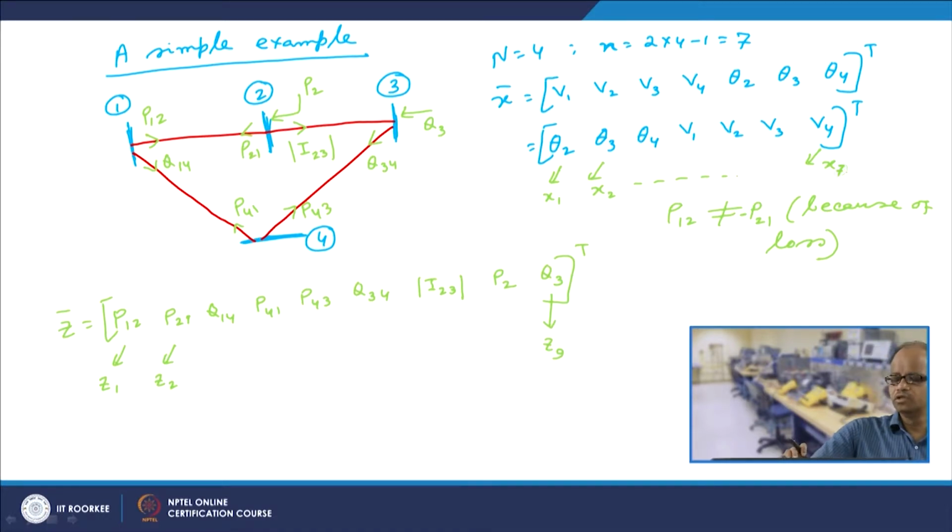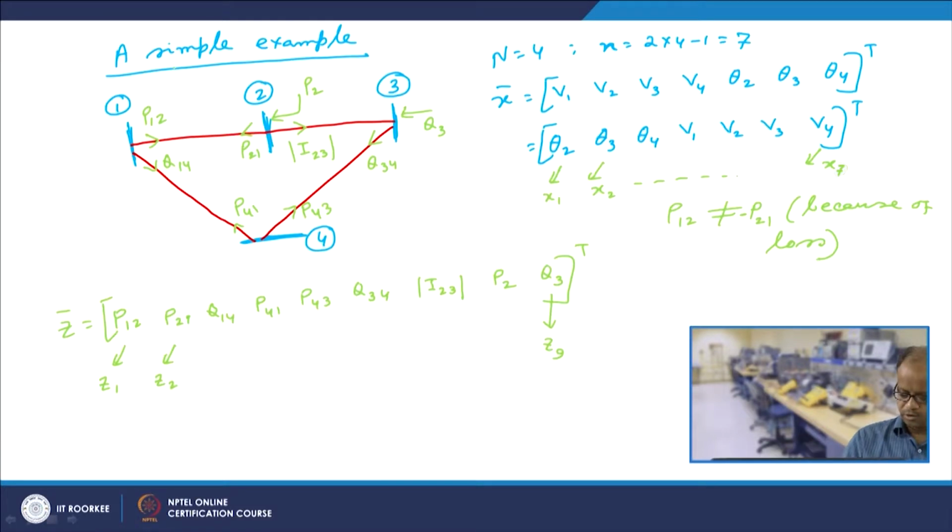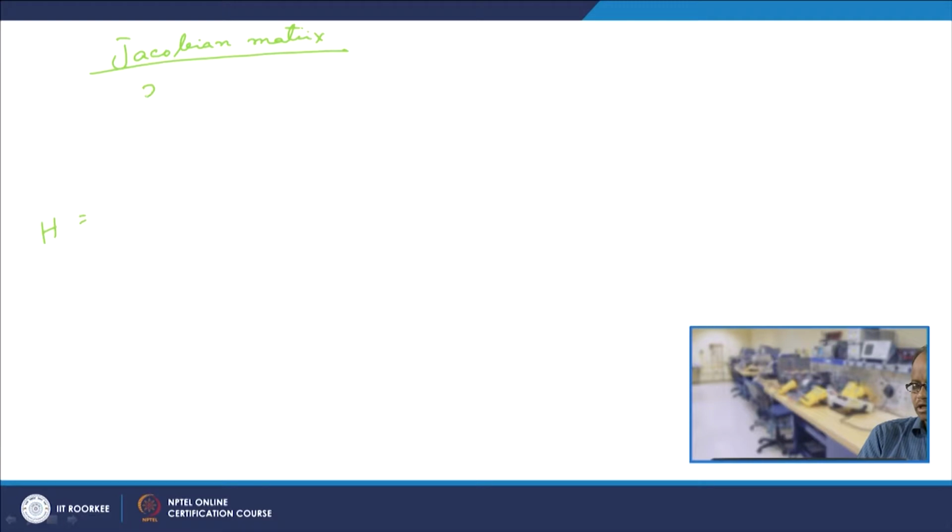So, the Jacobian matrix H would be, for example, del P12 by del theta 2, then del P12 by del theta 3, and so on up to del P12 by del V4.